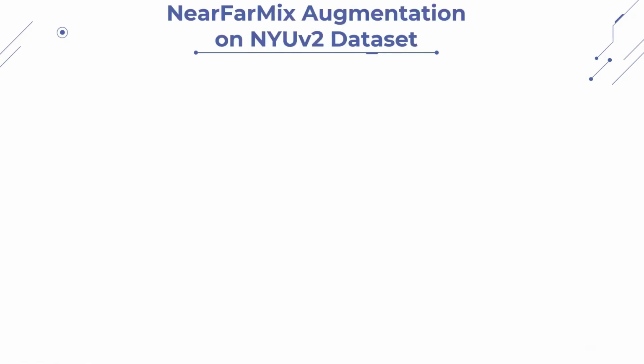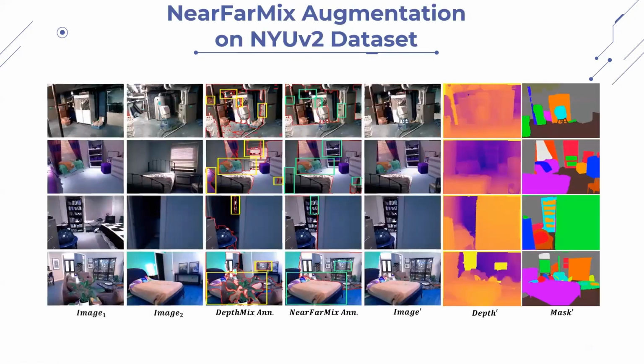Let's see some samples from our proposed NearFarMix augmentation on the NYU-V2 dataset. In these images, rectangular boxes emphasize the regions of interest. We can clearly notice that depth mix augmented images compromise object integrity and cannot produce diverse and controlled samples. On the other hand, our method shows its immunity to object integrity loss, and also due to its threshold parameter, it can generate both diverse and controlled samples.